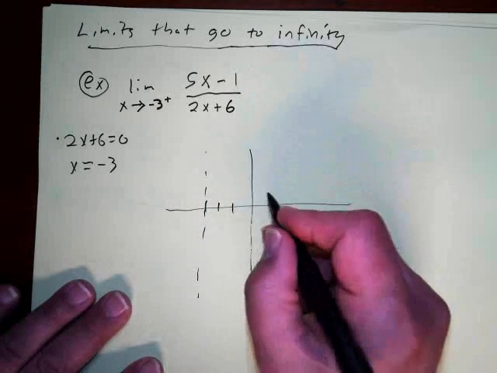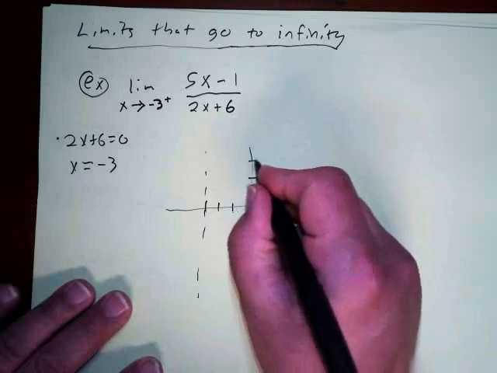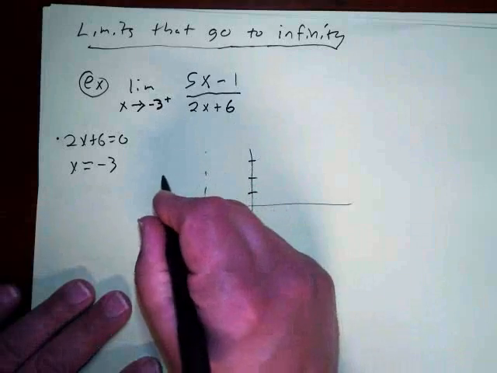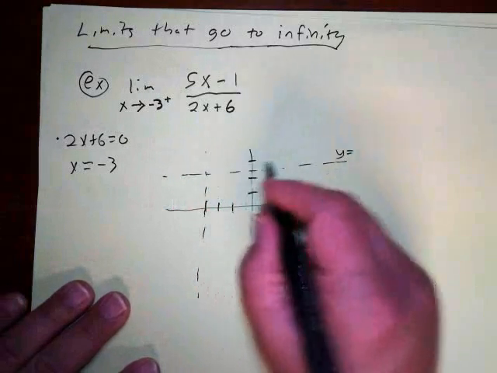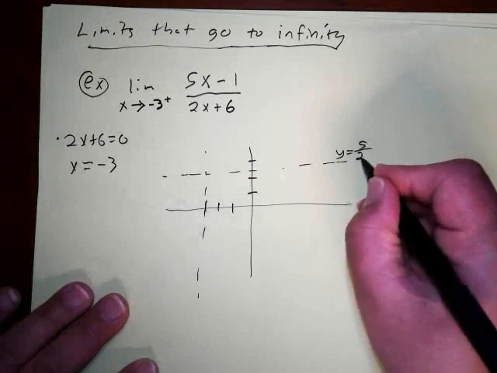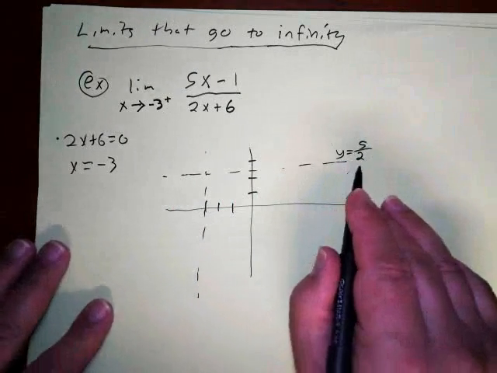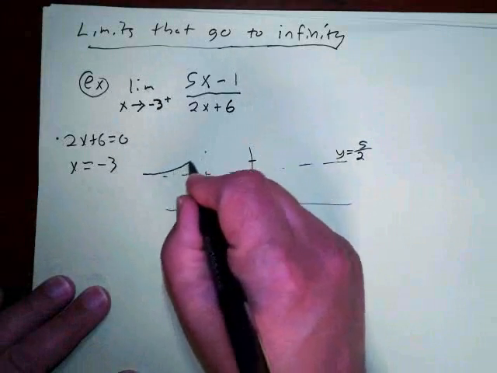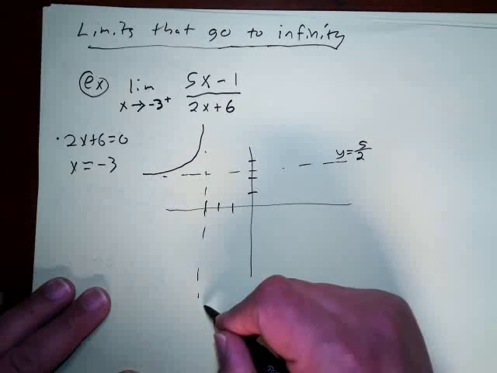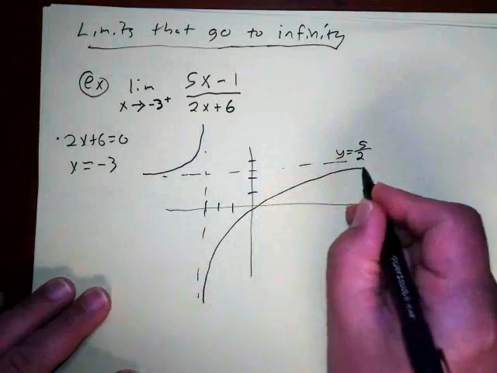Then this had the horizontal asymptote, so like right here, y equals, I'm sorry, not 2 halves, 5 halves. At 5 halves, 2 halves would be 1, right? So this function looked like this, and then it kind of looked like that.